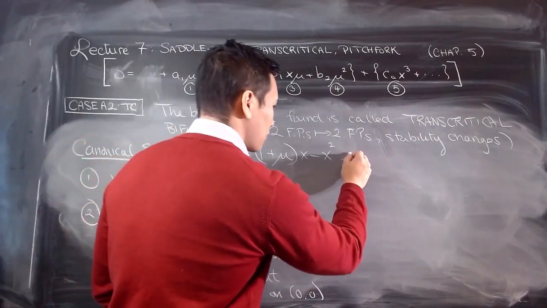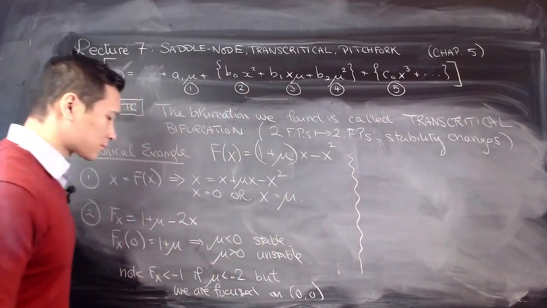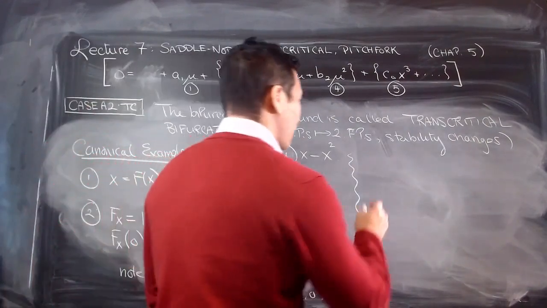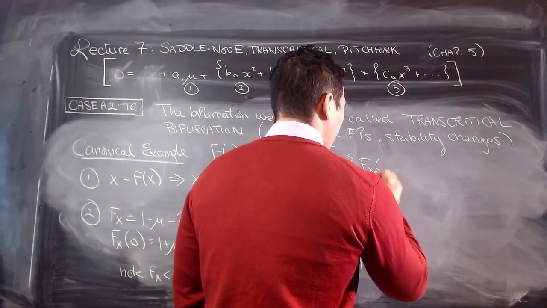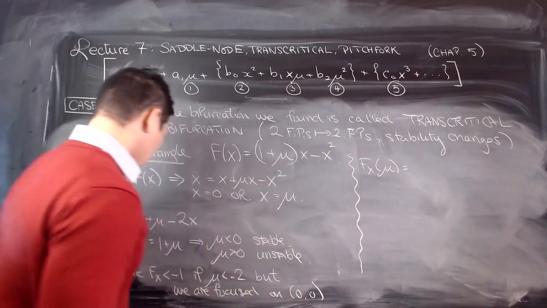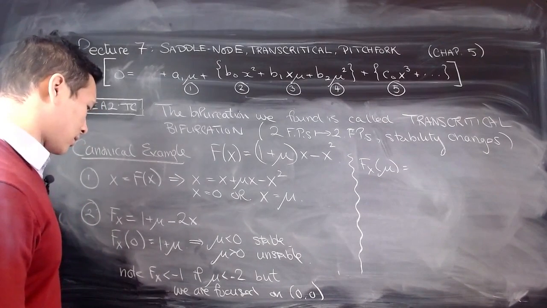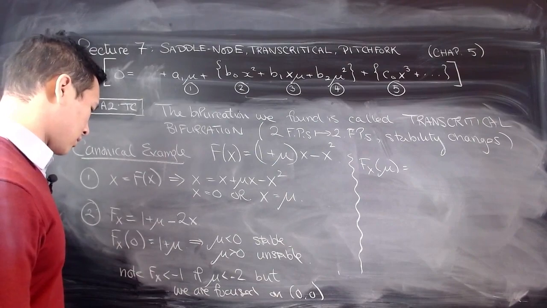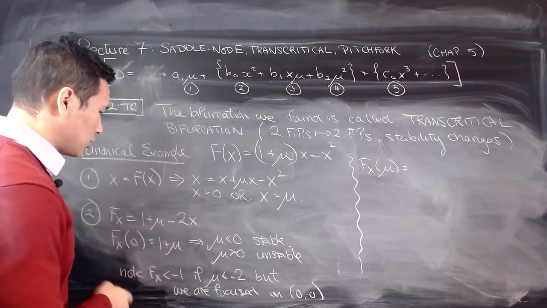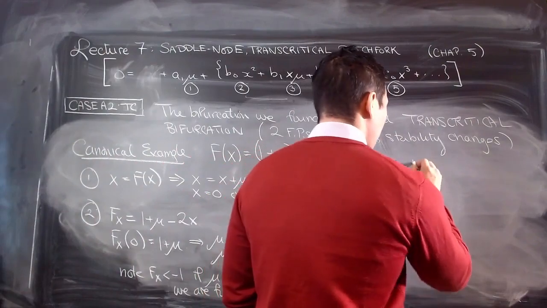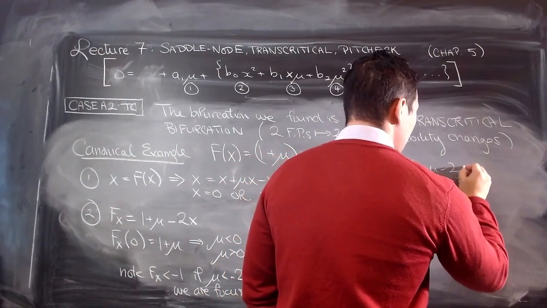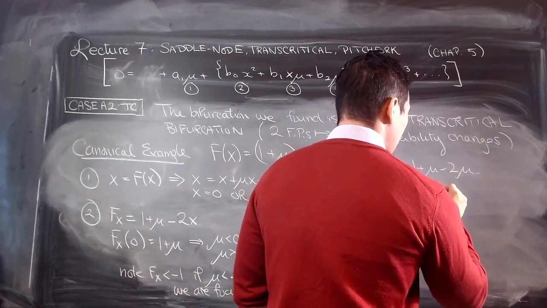Okay? So next you're going to go and take the derivative and substitute in the other point there. Let's do that over here. f_x at mu. Okay, so this is 1 plus mu minus 2 times mu, like this. That's 1 minus mu.